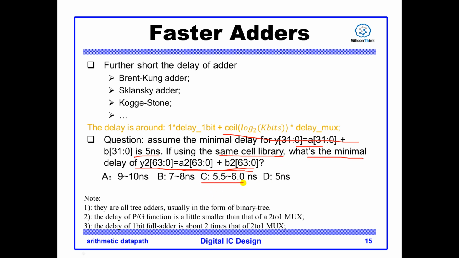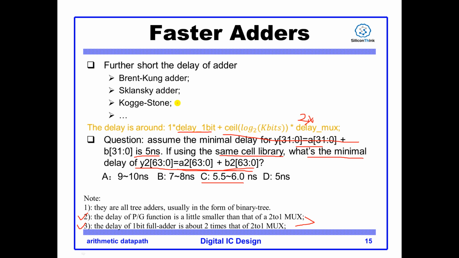Okay, my answer is C. There is some hint for you. To solve the problem, you have to read the two hints first. So let's assume the mux delay is equal or nearly equal to the PG function delay, and the full adder delay is 2 times the delay of a 2-input mux.